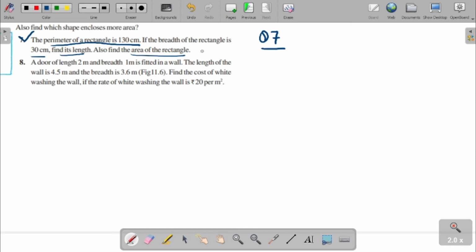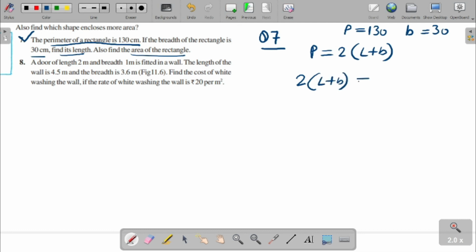So perimeter of this rectangle is 2 bracket L plus B. Here perimeter is given as 130 and breadth is given as 30. So we can write this as twice L plus B equals perimeter. In place of L we don't know. In place of breadth we write 30. In place of perimeter we write 130.